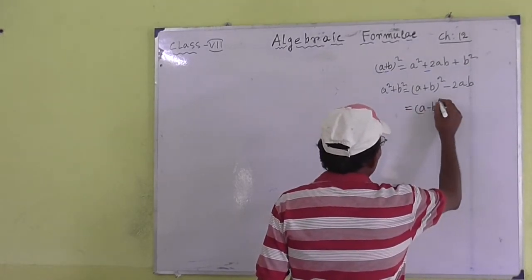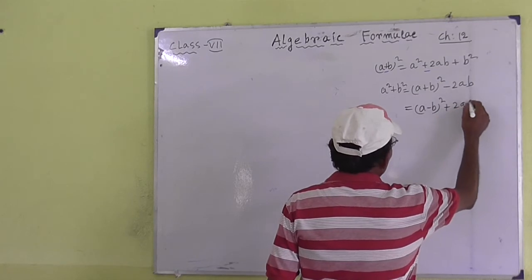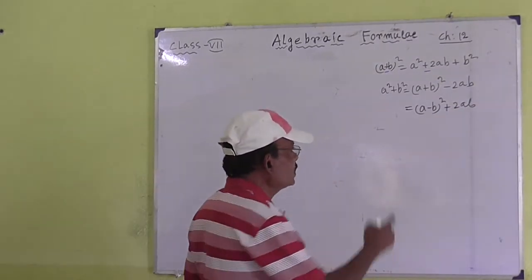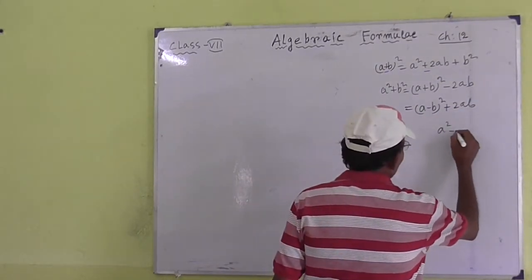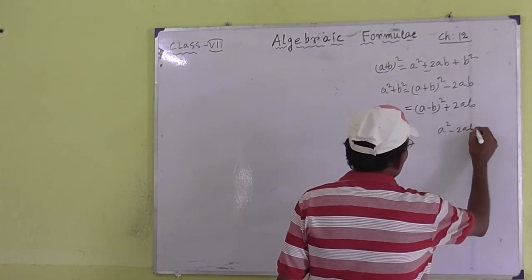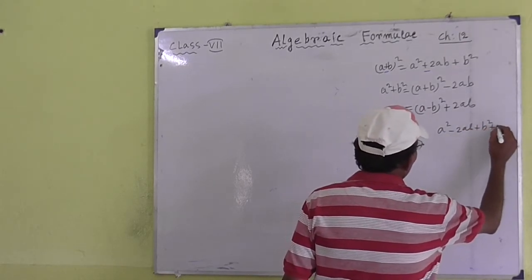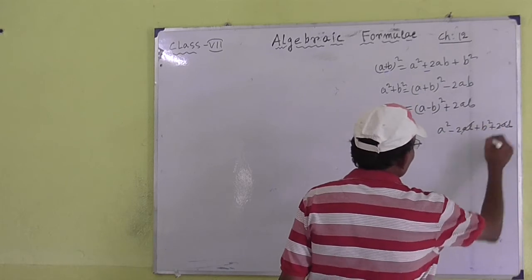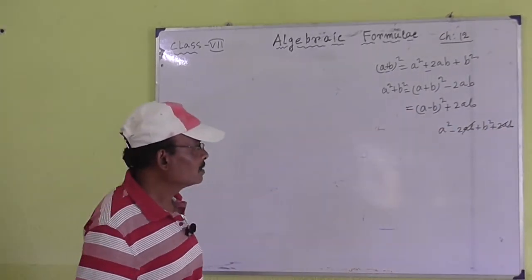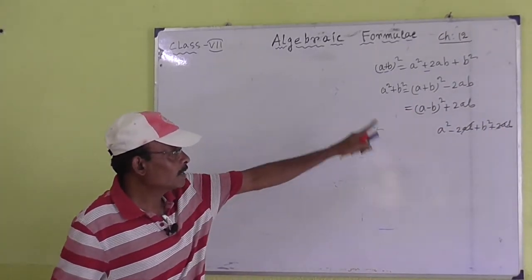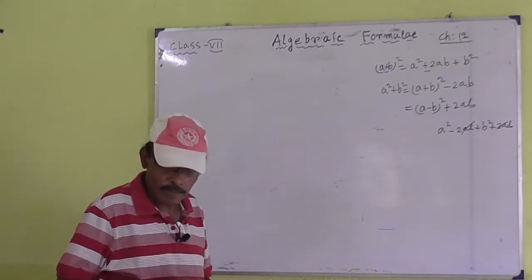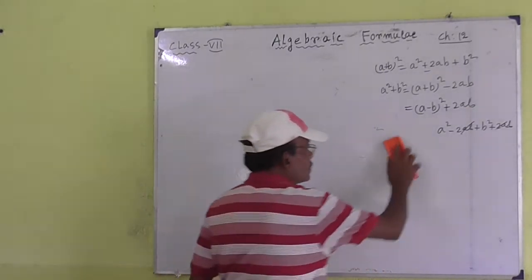A minus b whole square plus 2ab. If we expand this, a square minus 2ab plus b square plus 2ab, look, a square plus b square. Is it okay? Next formula.